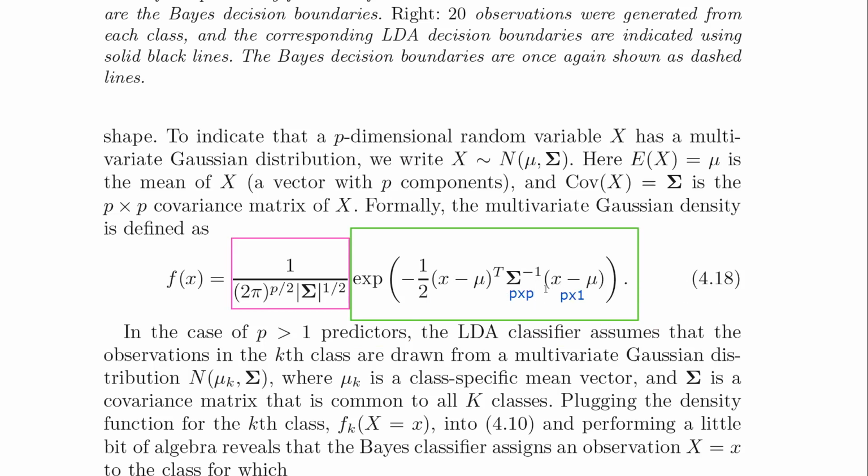This is the transpose of x minus mu, so that's 1 by p. If you remember your matrices, if you multiply these two first you'll get 1 by p, and then you'll get 1 by 1. So f of x is just a real number.